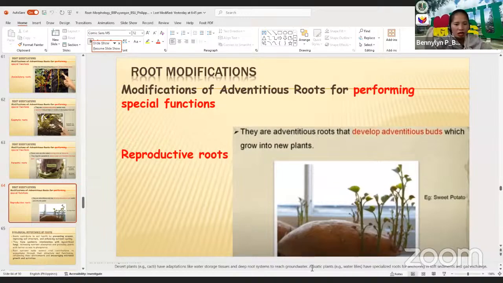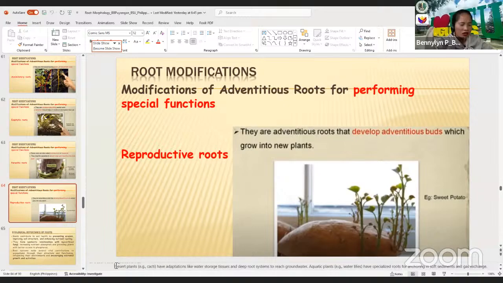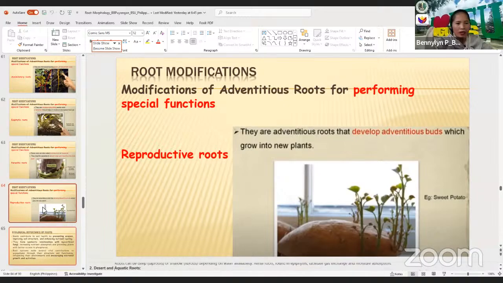Aquatic plants on the other side, like water lilies, have specialized roots for anchorage in soft sediments and gas exchange. So those are just to mention some of the root adaptations in environmental conditions, in desert and aquatic plants.